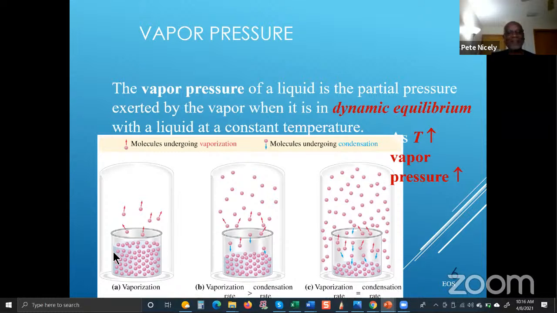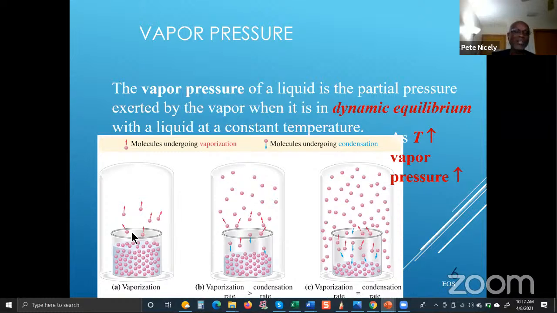So imagine you have a beaker with a liquid, could be any liquid, it doesn't matter, let's say water, and that is covered by a larger jar, so therefore all of this is sealed from the outside. What will happen initially is that some of these molecules of the liquid will be converted to vapor, so vaporization will take place.